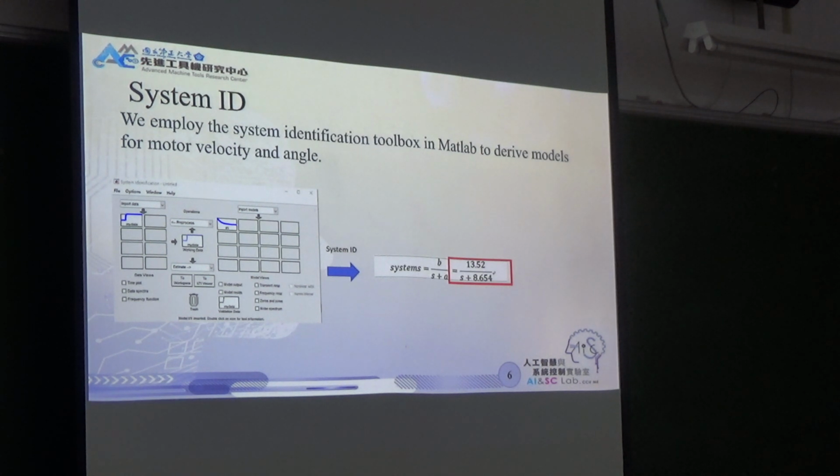What is the output? The input is step input. Step input is what? It is feedrate. Is it a torque or current or voltage or what is the input?